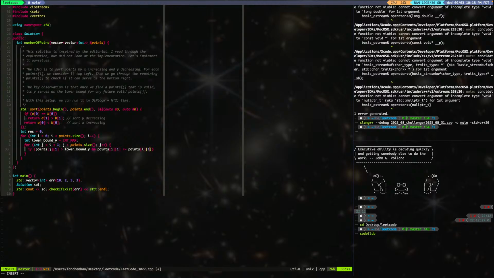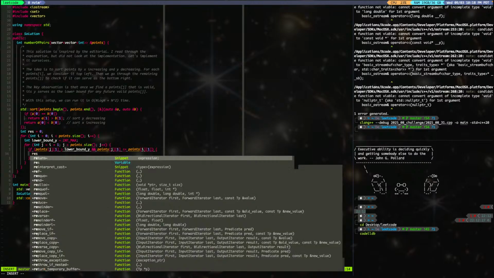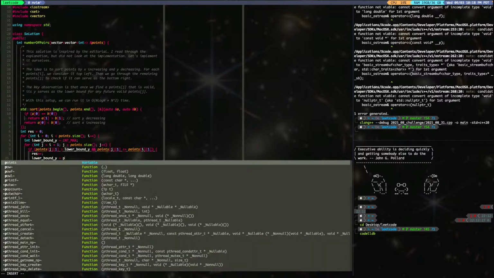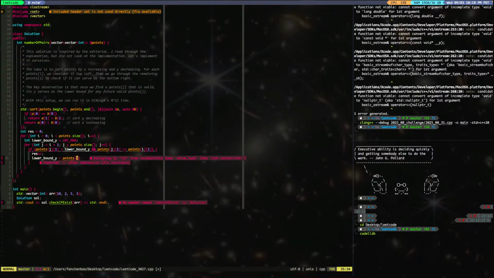If it's larger than the lower bound and smaller or equal to the upper bound, then this is good. We say result plus plus, and lower bound y equals points j1.